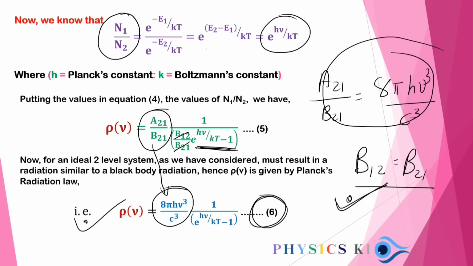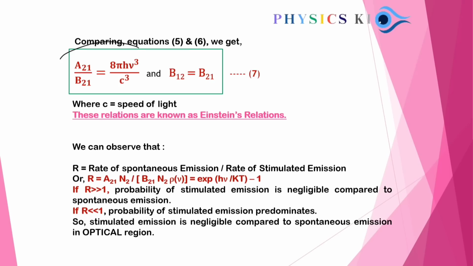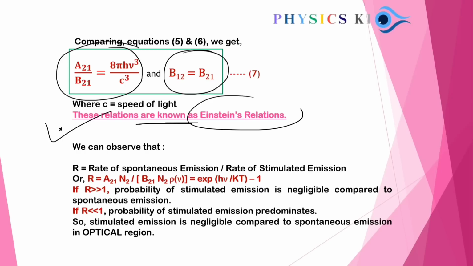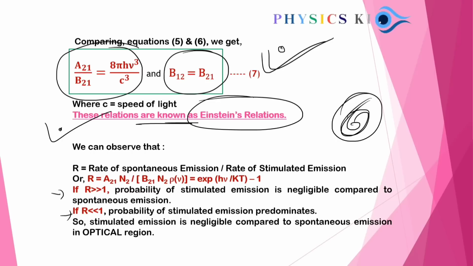These relations are known as Einstein relations. Up to this, if you want to write down two conditions, it's very good. Otherwise, up to 6, you get 6 out of 6 marks. These relations are known as the Einstein coefficient relations.